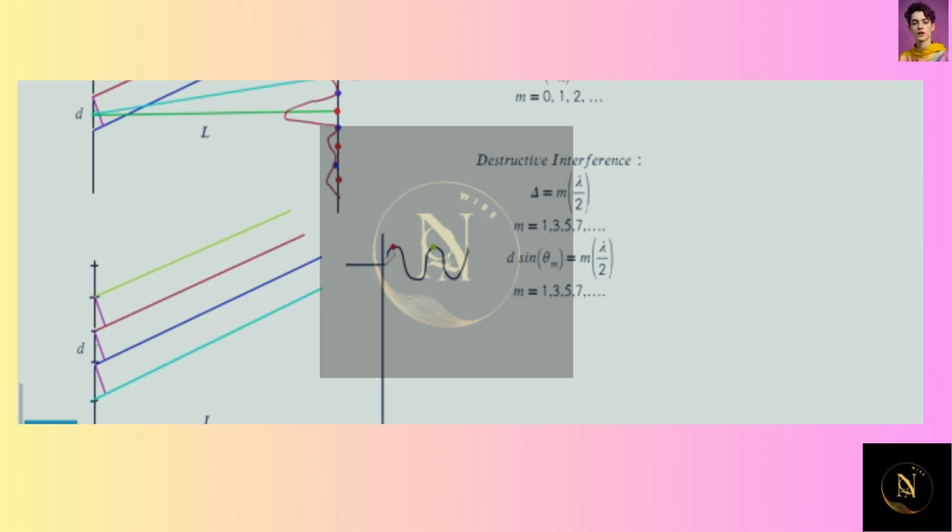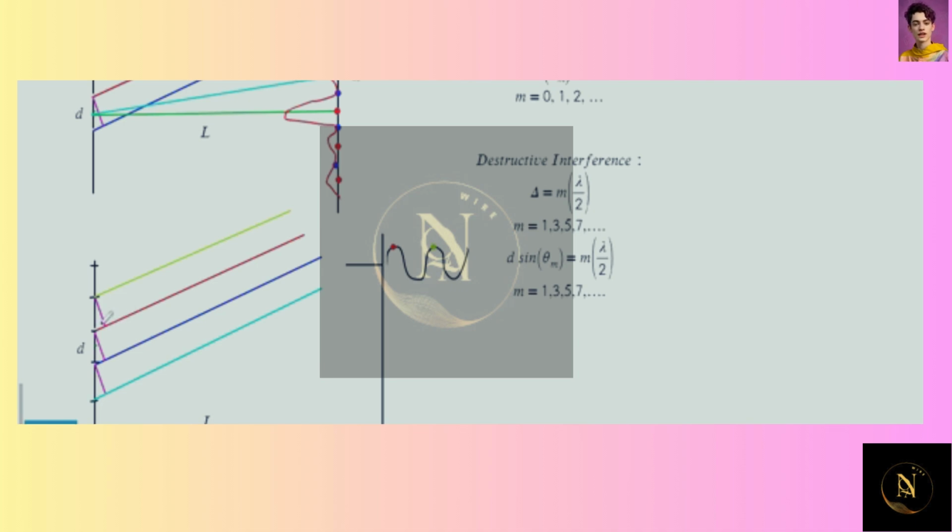Now, what would happen if we go a little bit off to the side here, just a little bit on top of the bright fringe? Well, the path length difference between this first bright ray and this bottom ray is still marked by this one here.